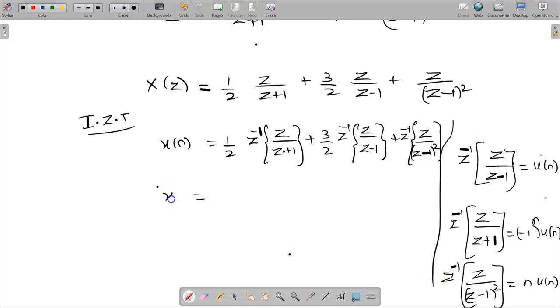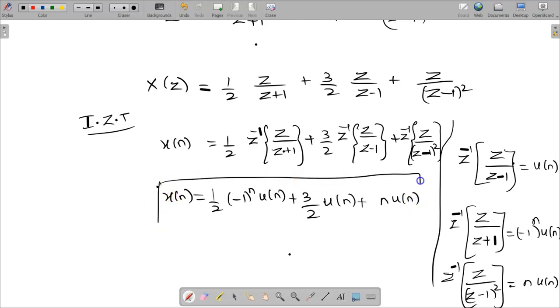So which is nothing but x of n is equal to 1 by 2. For this we know that minus 1 the whole power n u of n, plus 3 by 2. For z inverse of z by z minus 1, it is u of n, 3 by 2 u of n, plus z inverse of z by z minus 1 the whole square, it is n u of n. So this is the final answer for the given problem.